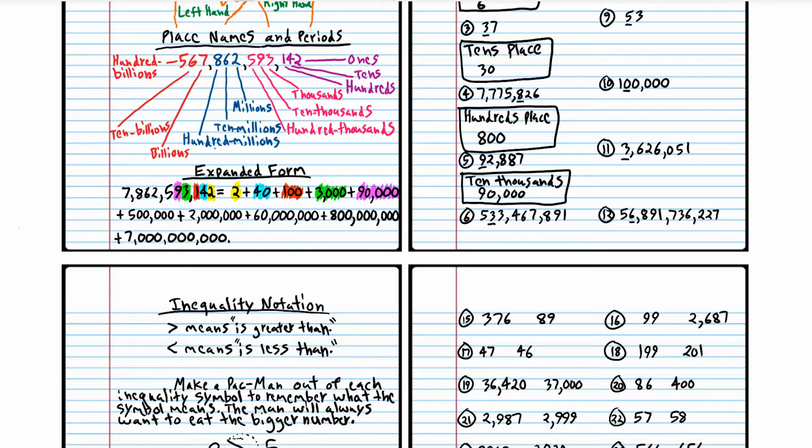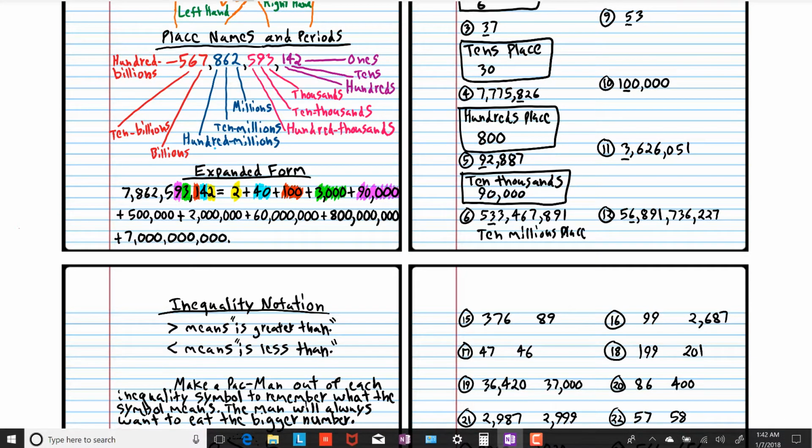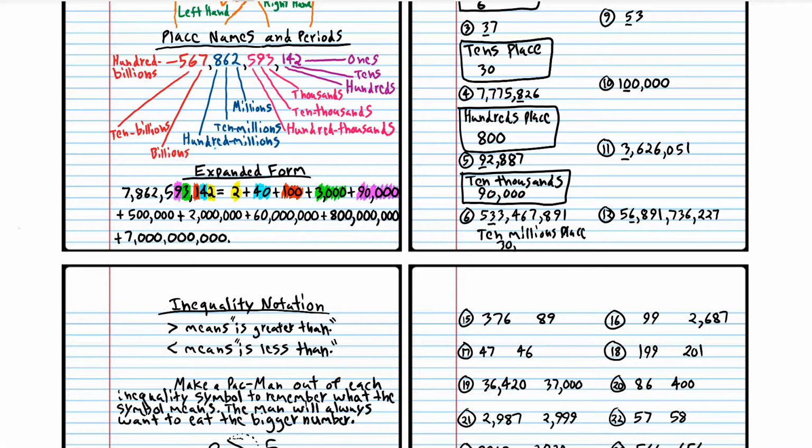The name of the place is the 10 millions place, and there's a 3 there, so the place value is 30 million.